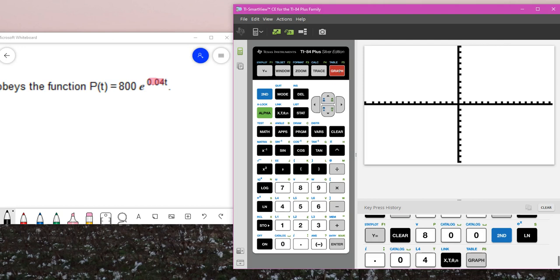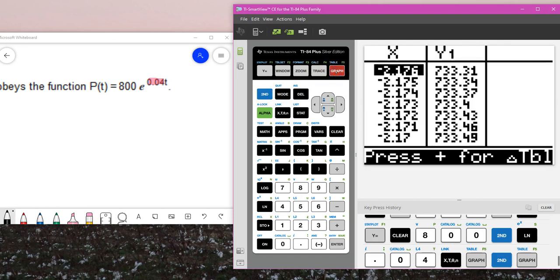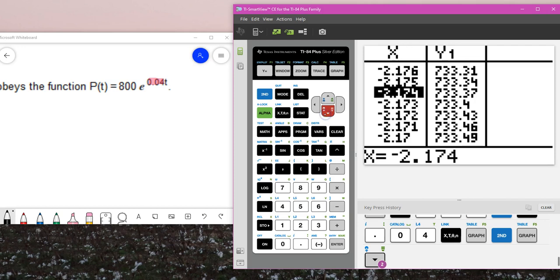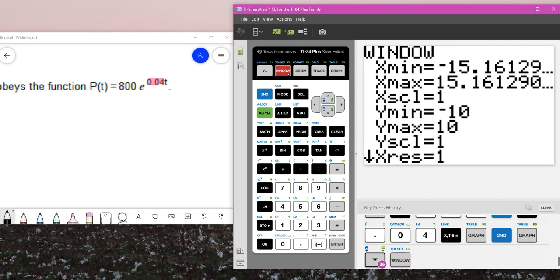The reason why we're not seeing anything is because our initial amount is 800, so we're not really seeing a good picture. So what I like to do is take a look at the table of values, and you can see with my values around -2, my y values are in the 700 range. We know when we get to 0, the y value is going to be 800. So I really need to adjust my y scale.